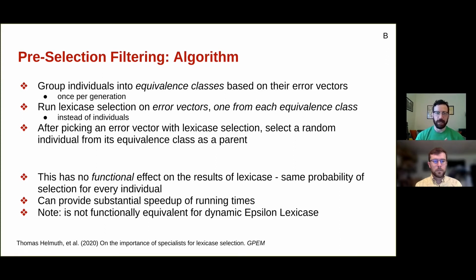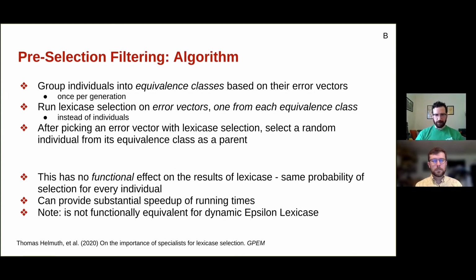The one place that pre-selection filtering is not functionally equivalent is dynamic Epsilon Lexicase selection. As I mentioned earlier, in dynamic Epsilon Lexicase selection, we're calculating Epsilon on the fly within each pool as we're doing filtering.